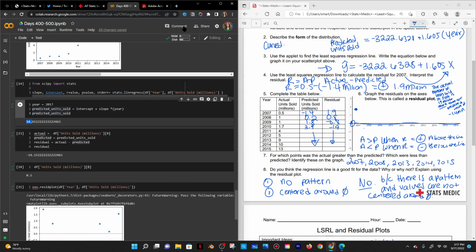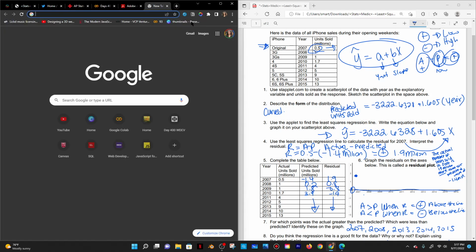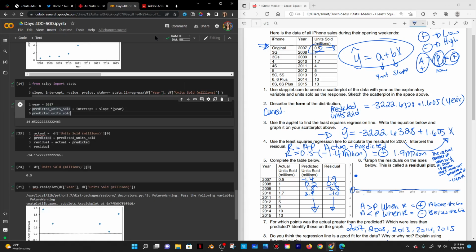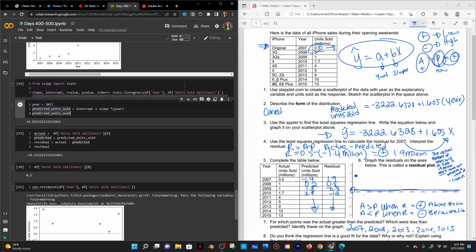But if you wanted to see the prediction based on this line, which is definitely not the least squares regression line, that would have been the number of iPhones sold. I can't search it up because Apple stopped posting their sales data after the iPhone success. But yeah, that's the idea.